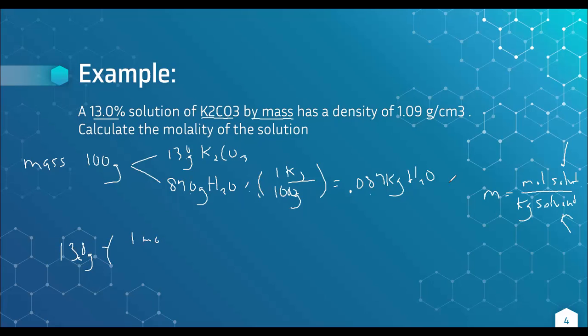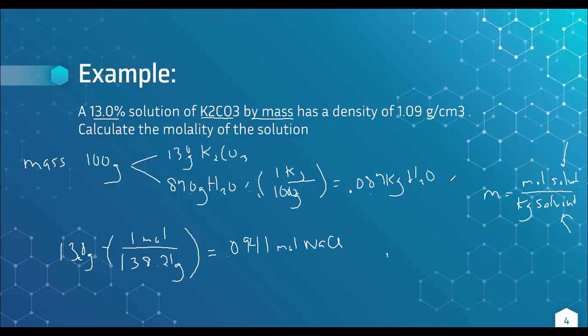So 1 mole, molecular weight of potassium carbonate is 138.21 grams. Okay, so this gives us 0.0941 moles of potassium carbonate.